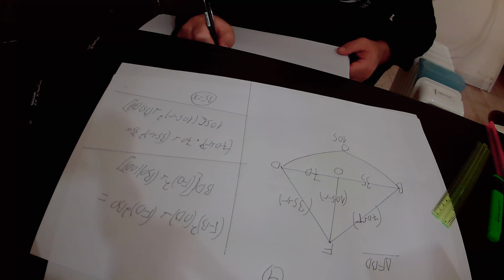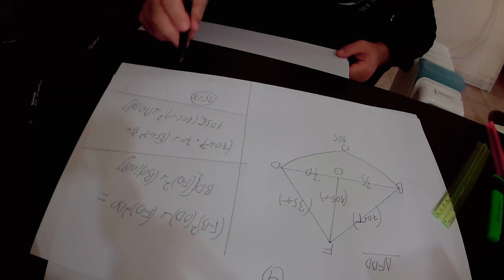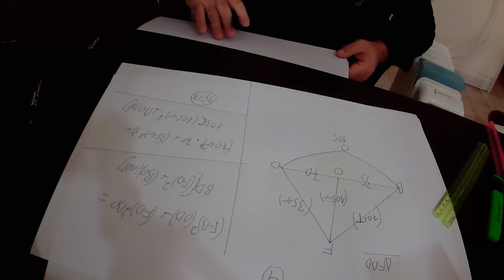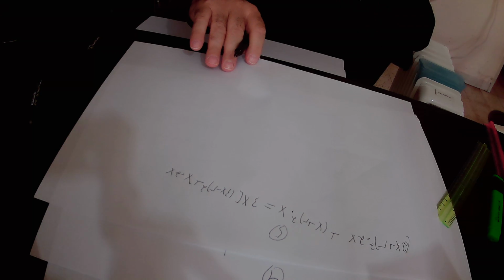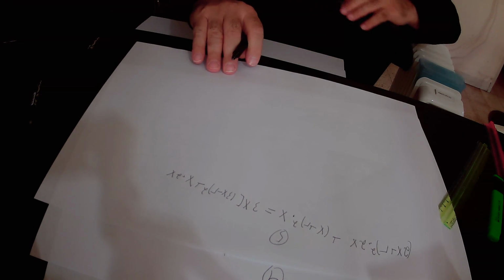And inside the brackets we have 105, that is 3x, minus R squared, plus 35 is x, and 70 is 2x, so it is x times 2x. So okay, this is the equation that we got after substituting 35 by x.